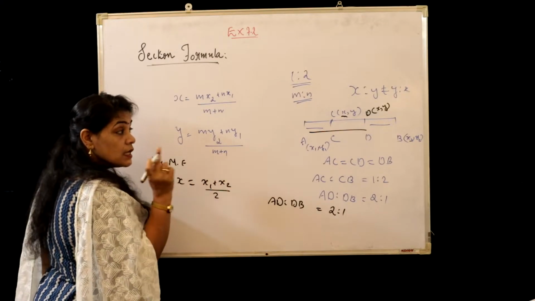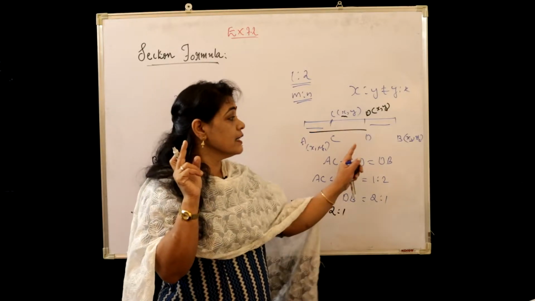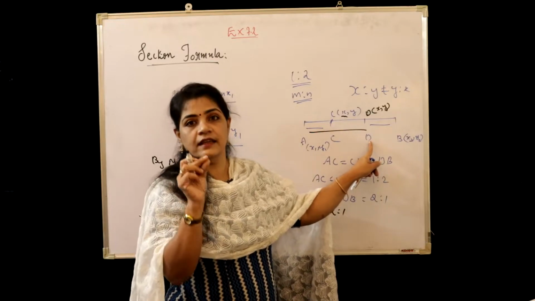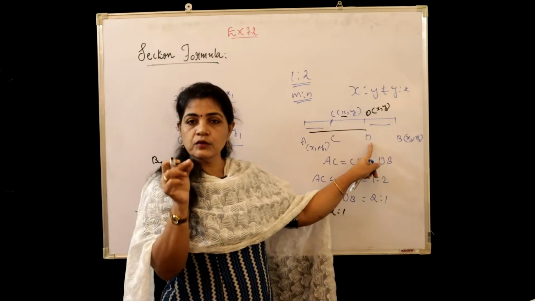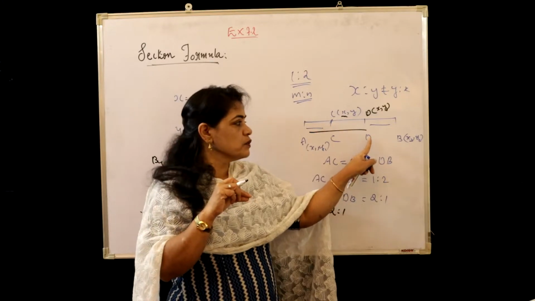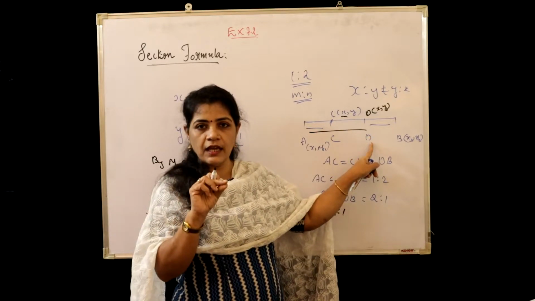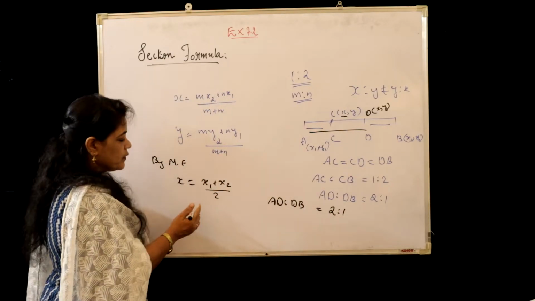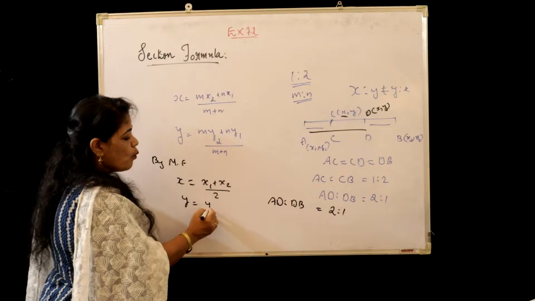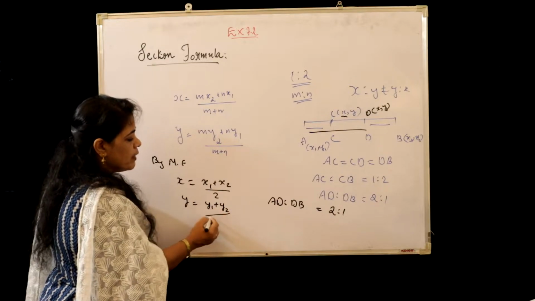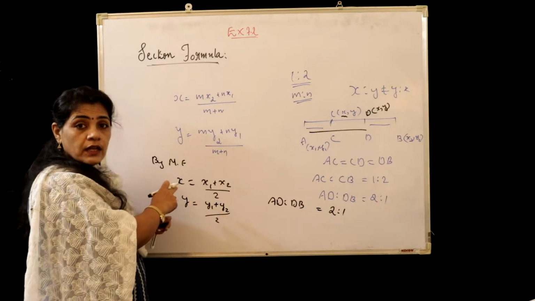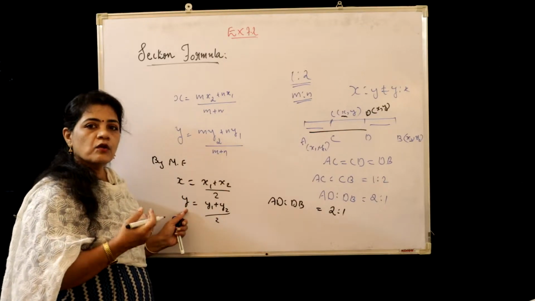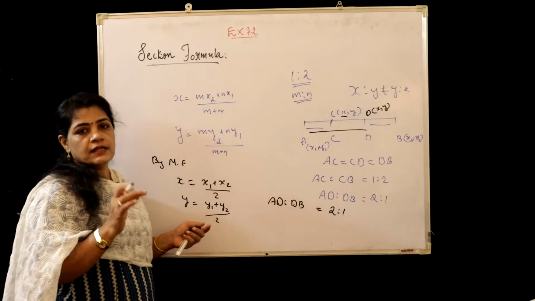Here x2 is the x coordinate of D, which we got by using the section formula, and you have to write that here as x2. And y equals y1 plus y2 by 2. Here x represents the x coordinate of the point C, and y represents the y coordinate of the required point C.